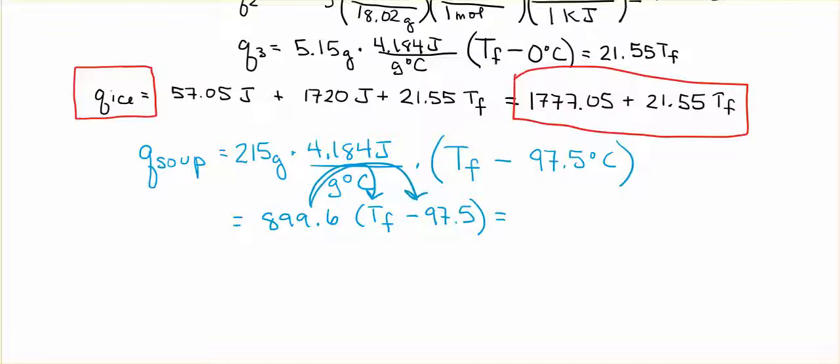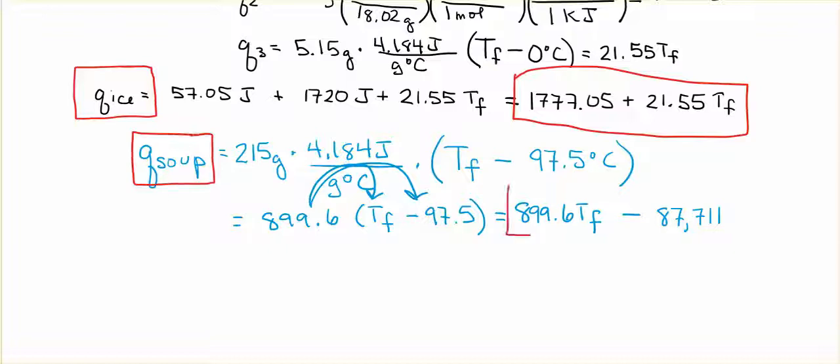That distributes in. So the Q of the soup is equal to 899.6 T final minus 87,711.